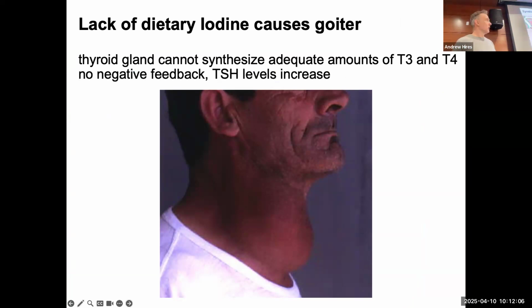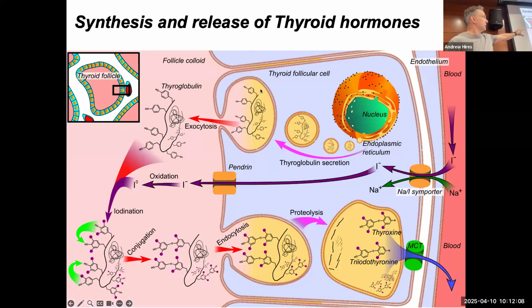So when your cells here, the thyroid follicular cells, are producing all this protein, it's trying to go through this process. The thyroid follicles are swelling. They're releasing this material, but it's not effective because it's not fully iodinated, because we don't have any iodine there.